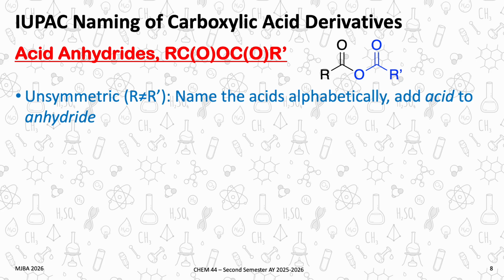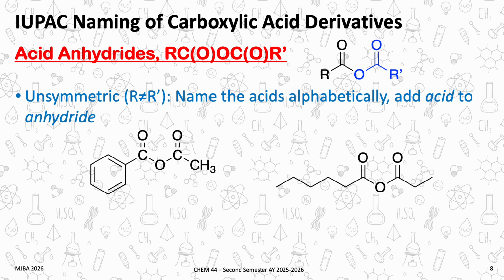Now for anhydrides that are unsymmetric, the R group is different from the R prime group. So we need to identify these carboxylic acids, the left side and the right side, and whichever comes first alphabetically should be named first. Drop the acid, and then add anhydride. So for this case, the one on the left is actually benzoic acid.